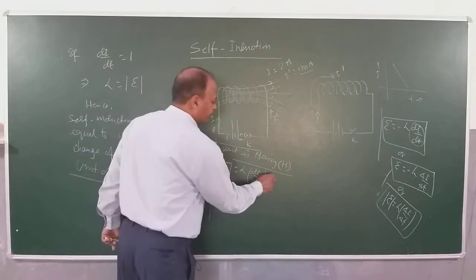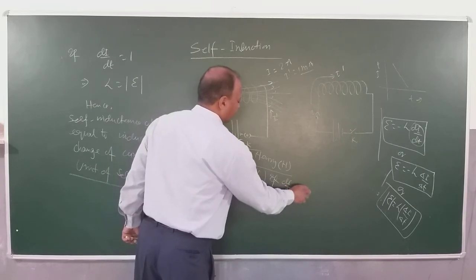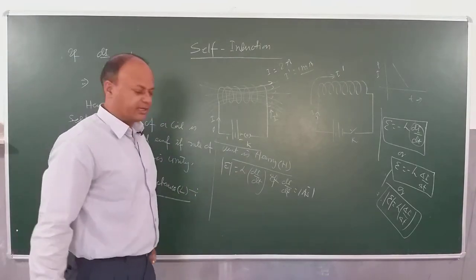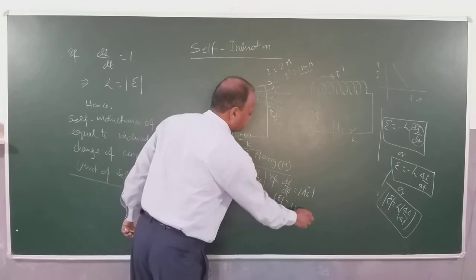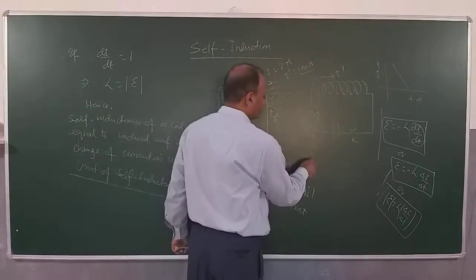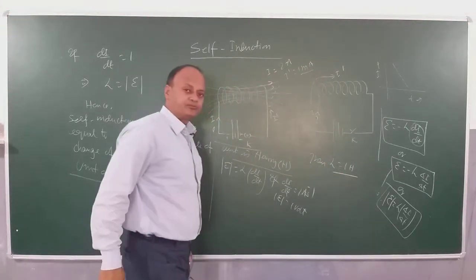Now, if di dt is 1 ampere per second. If dIdt is how much? 1 ampere per second, and induced EMF is 1 volt. Then L is equal to 1 Henry.